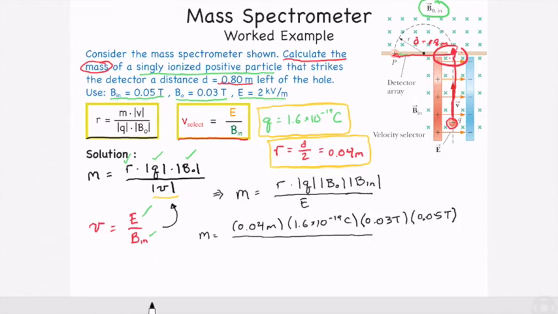And that will all be taken over the electric field strength, which is given to be 2 kilovolts per meter, which we will write as 2,000 volts per meter. We plug all that into a calculator, and we get a final result of 4.8 times 10 to the minus 26 kilograms. And that's our final answer.